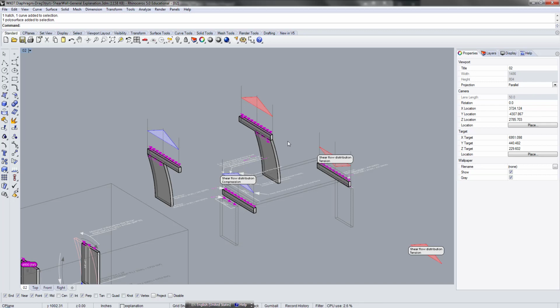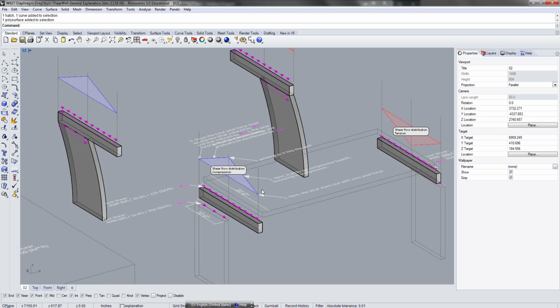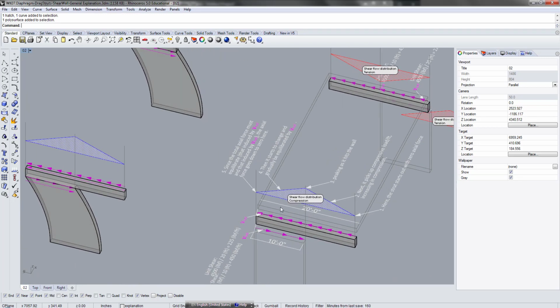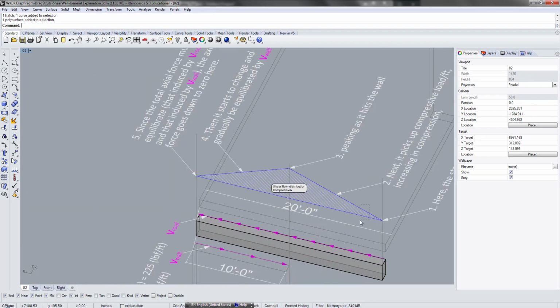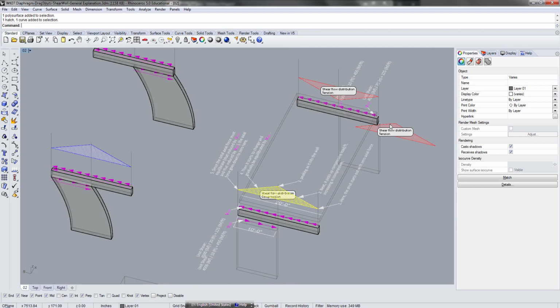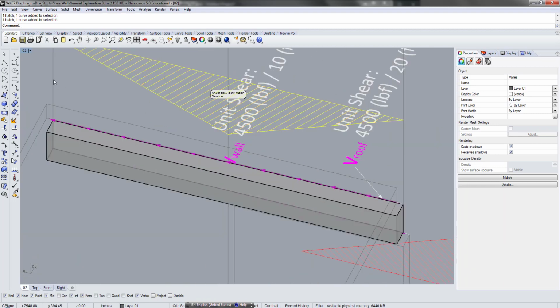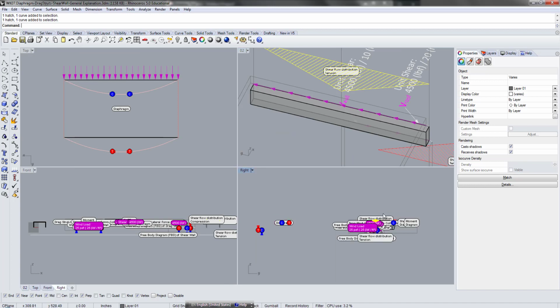Right. So I'll show you briefly how to draw this diagram, which is always where it becomes slightly challenging.